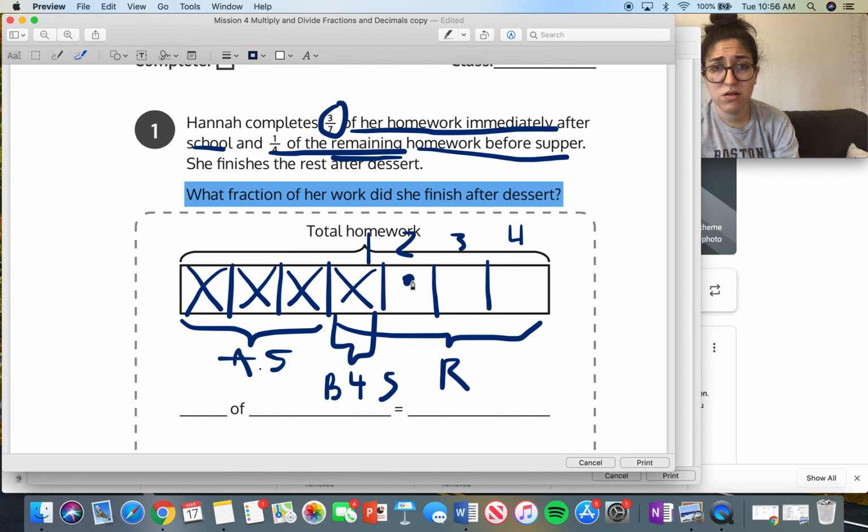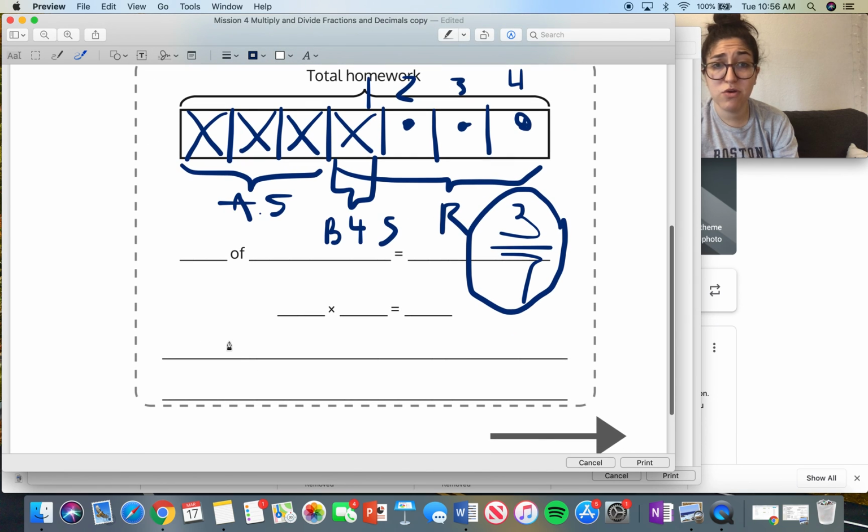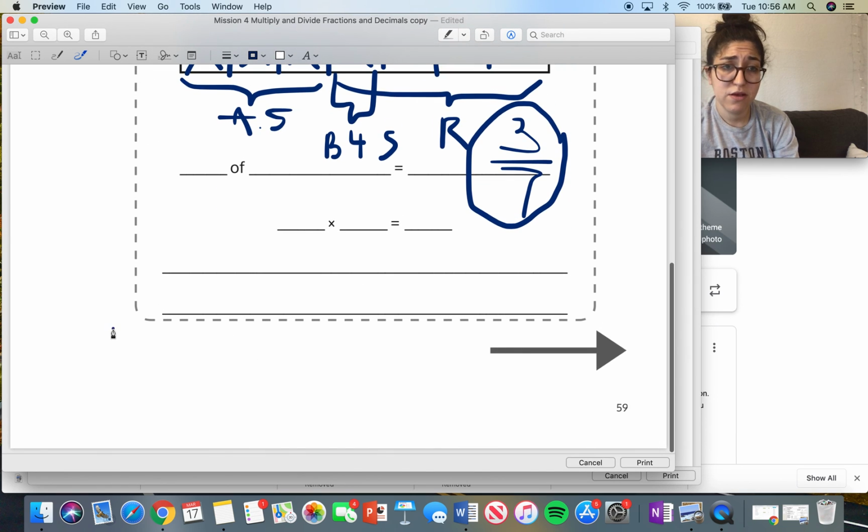1, 2, 3. 3 out of what? 1, 2, 3, 4, 5, 6, 7. 3/7. So that's another way I can think about it. Are they equivalent? Let's find out. 3/7.